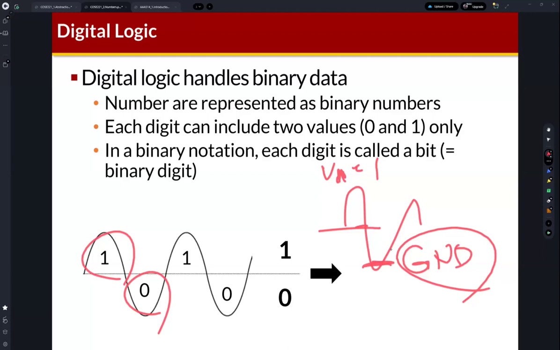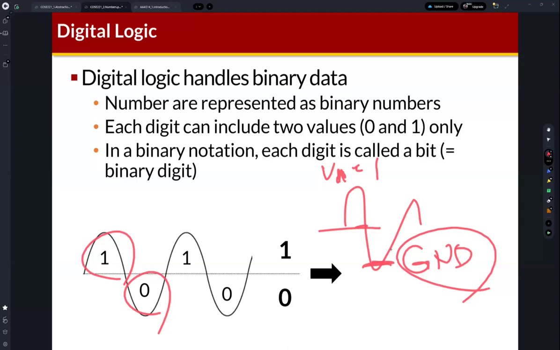So we use the decimal number system. But in the digital world, we just use two kinds of data, 1 and 0. Which means we need to use a different kind of number system to represent the data or signals.